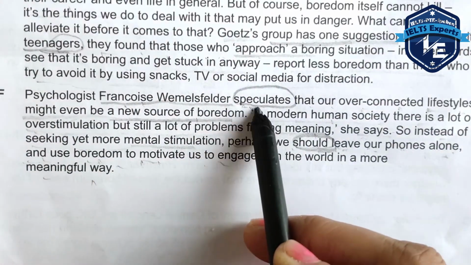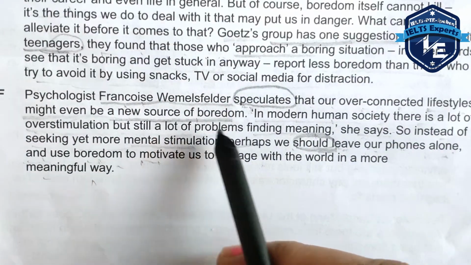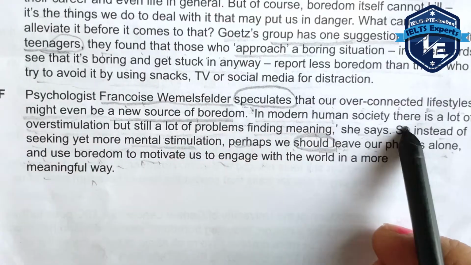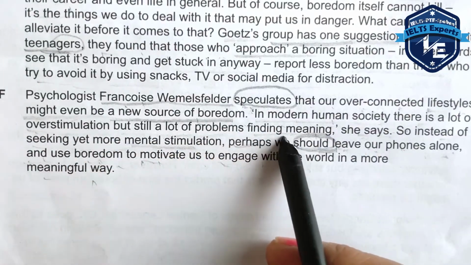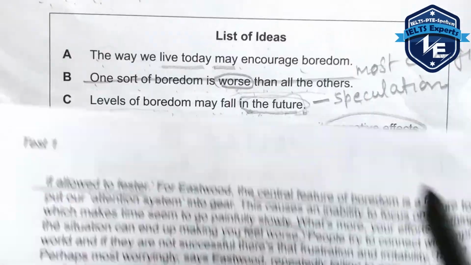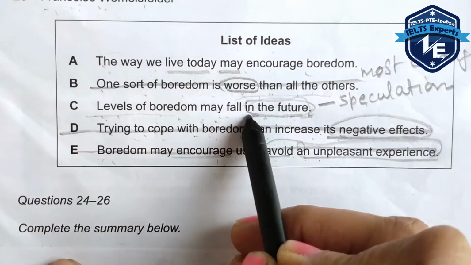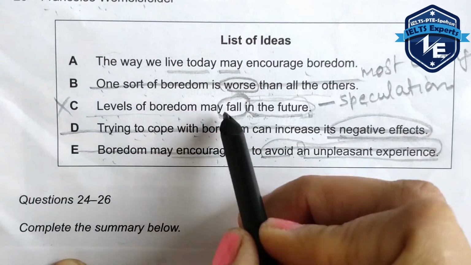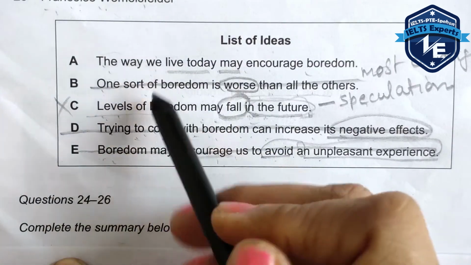In future we got that our over-connected lifestyle may even be a new source of boredom. There is still a lot of problem finding. But nothing is given about levels of boredom may fall in future. May fall, it means we are going wrong. It means we have to look for another option.